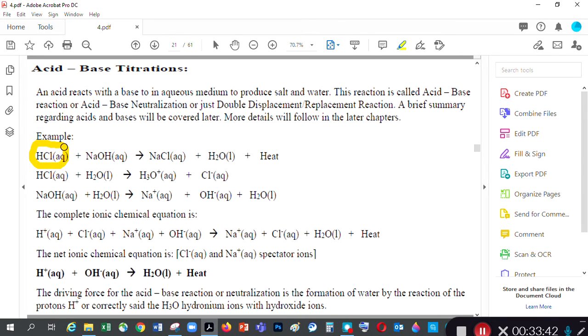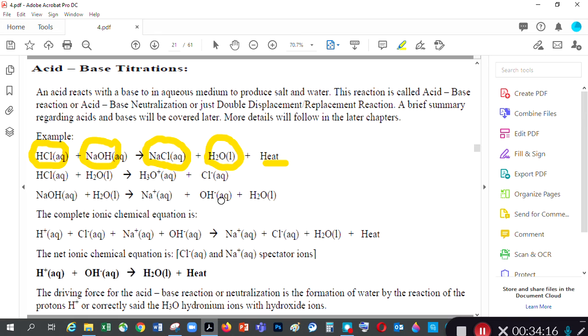This is an acid, hydrochloric acid, reacting with sodium hydroxide to produce a salt, sodium chloride, and H2O. And we have to have the state of matter of the compound or the molecule. HCl is aqueous, sodium hydroxide is aqueous, sodium chloride is aqueous, H2O is liquid plus heat. It's an exothermic reaction.